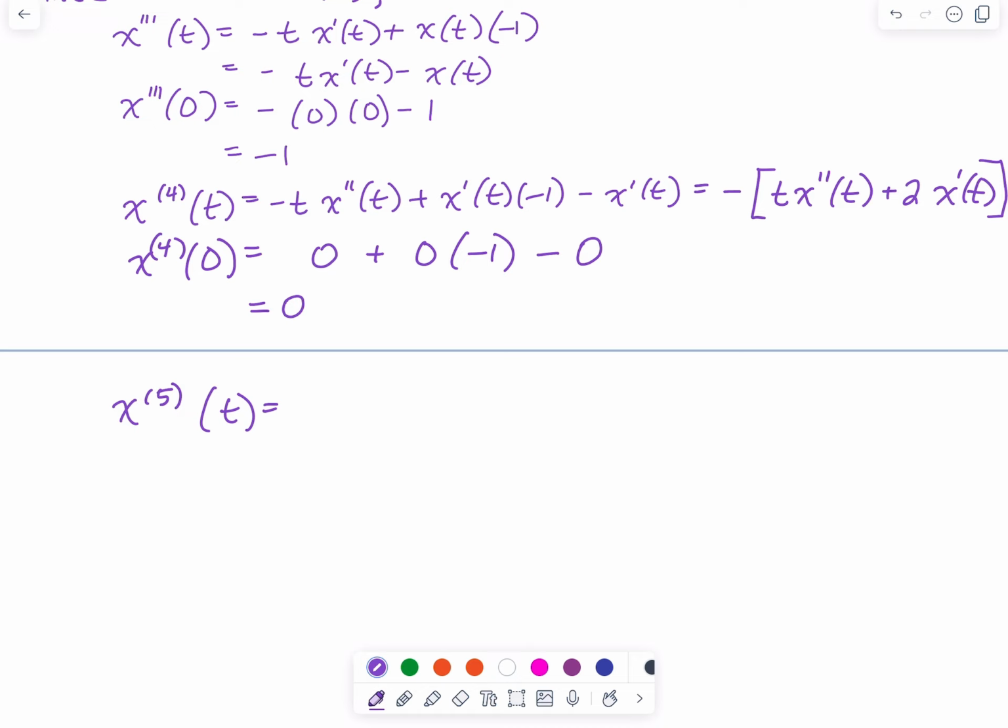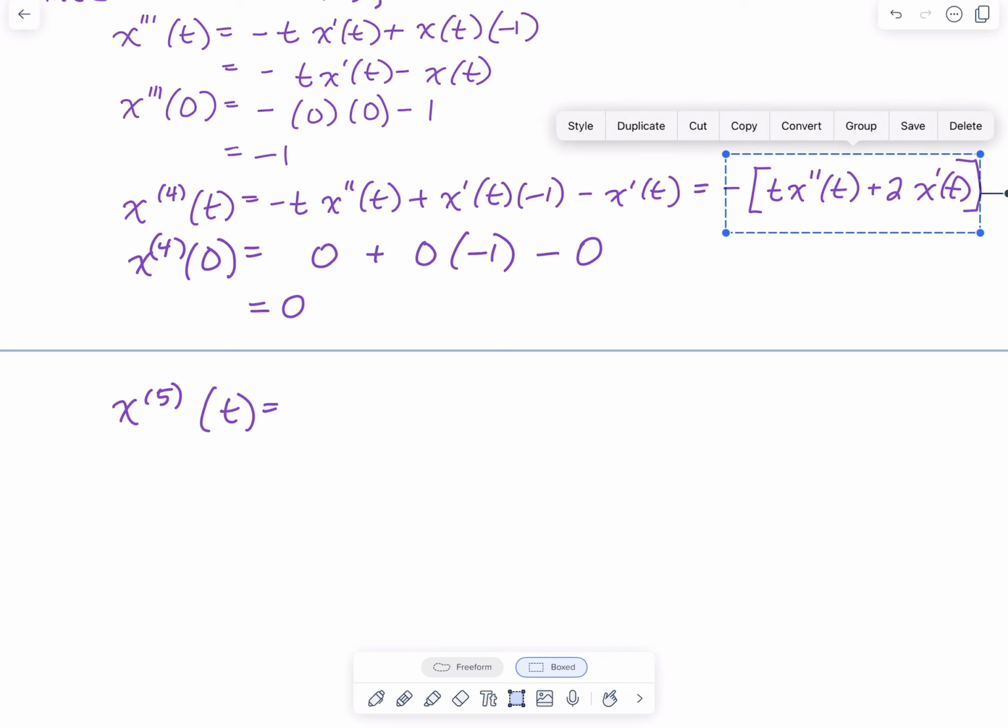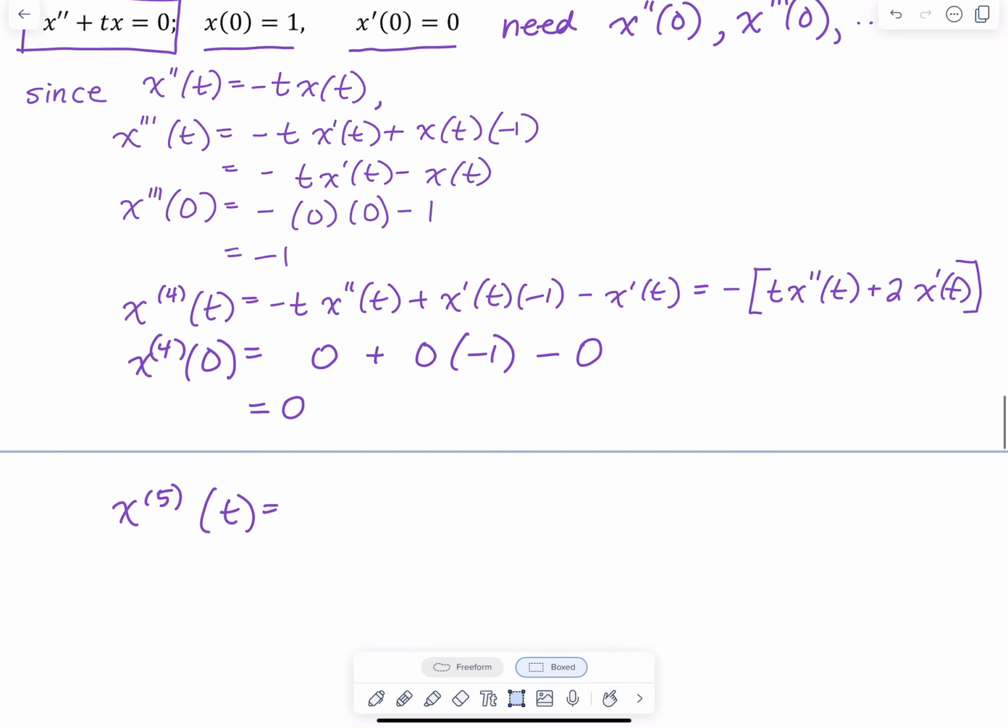And with that, we could see a little pattern for the third derivative.